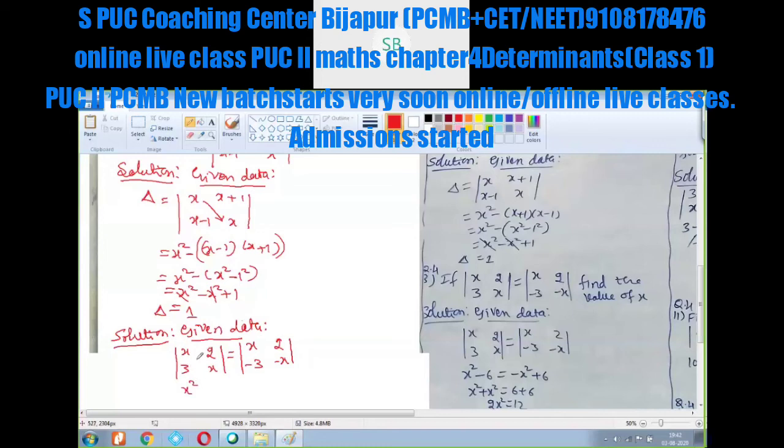Next minus of this 3 into 2, minus 6, okay, that is minus 6, which is equal to, here is a minus sign, be careful about this, minus x into x, minus x square. Next minus is here, minus minus is going to come out as a plus first, that is 3 into 2, that is 6, plus 6. Okay, on this side you are going to take it as a minus, that's why minus 3 into 2, minus of minus, plus 6.